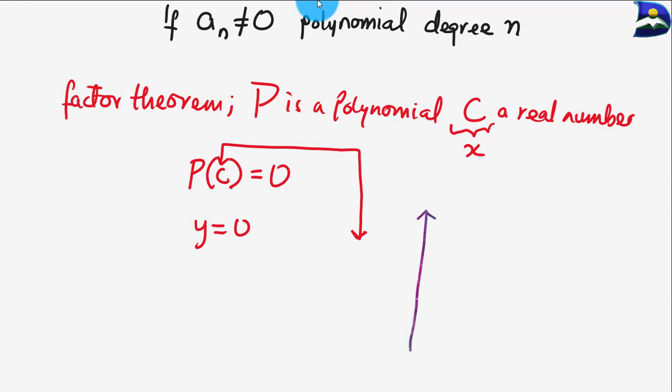So if we have a graph right here, and we have this to be our y, which is also expressed as p at x, and this here is our x.